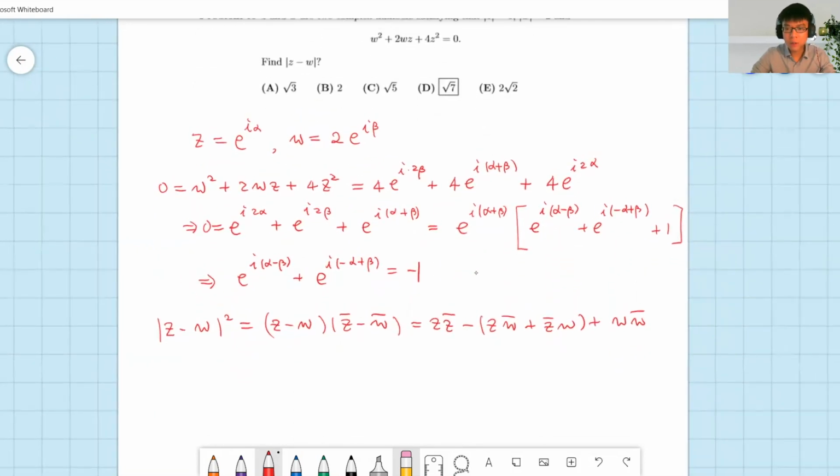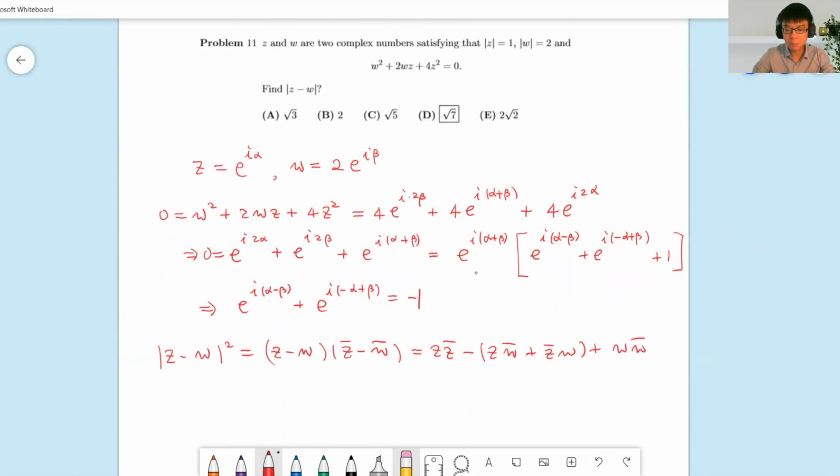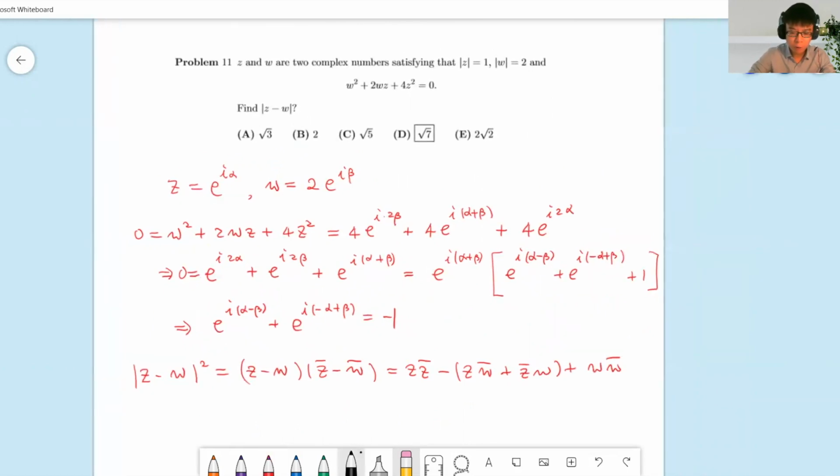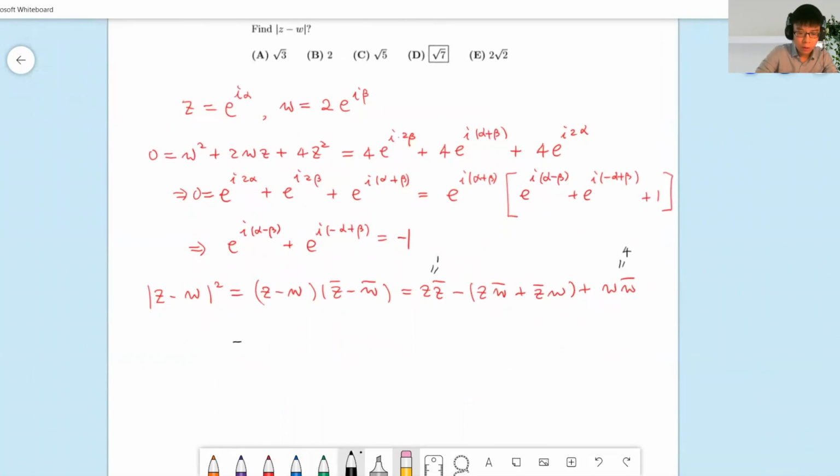Because Z has modulus 1 and W has modulus 2, the first term is 1 and the last term is 4. That means this equals 5 minus Z W conjugate plus Z conjugate W.